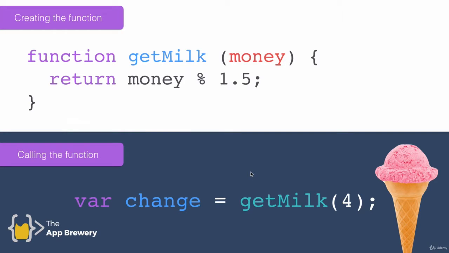So when we call a function that has an output, we can use the output and we can assign it to a variable. For example, in this case, the variable change. So if we didn't have this line where we have a return statement to specify that our function has an output, then calling getMilk only executes the function without getting an output back.